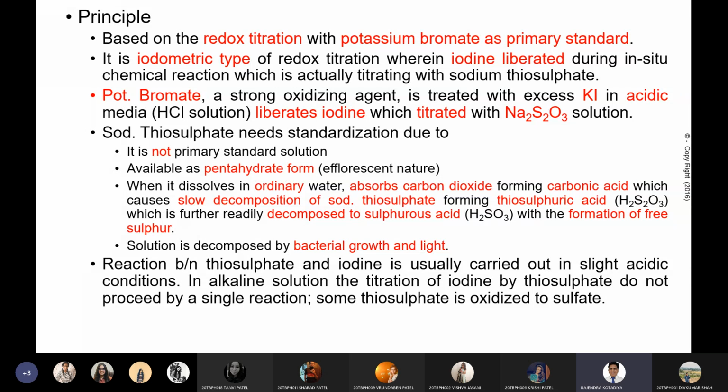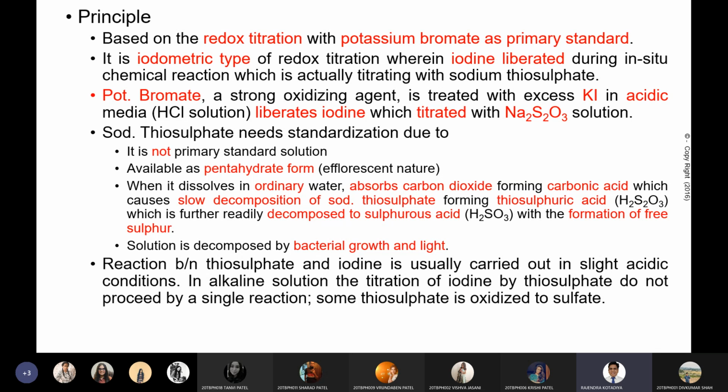And the third reason is this solution is decomposed by bacterial growth as well as light. Okay, so these are the reasons which are responsible for changes in its strength, and that is why we have to estimate the actual strength of sodium thiosulphate, and that is why standardization is needed.